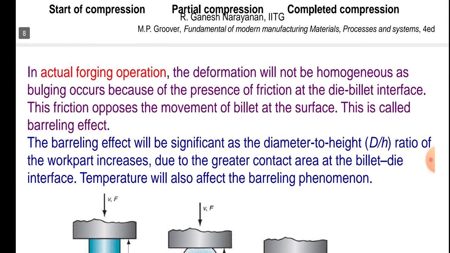In actual forging operation, the deformation will not be homogeneous, as bulging occurs because of the presence of friction at the die-billet interface. This friction opposes the movement of the billet at the surface. This is called the barreling effect.